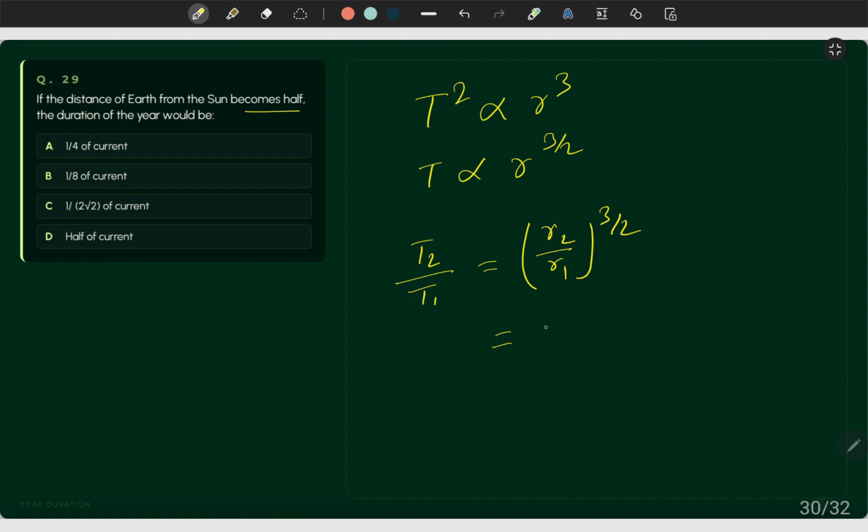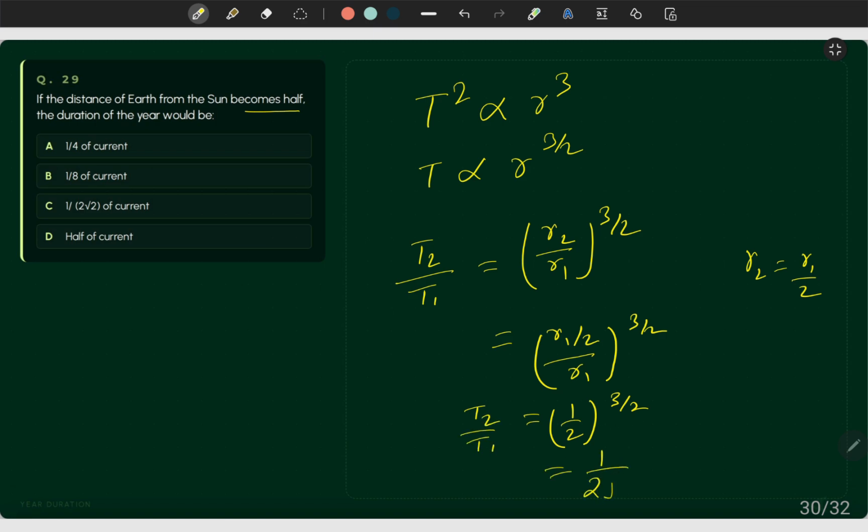That means r2 is equal to r1 by 2. So r1 by 2 by r1, power 3 by 2. This gives 1 by 2 power 3 by 2, and this is 1 by 2 root 2 T1. So the correct option is C.